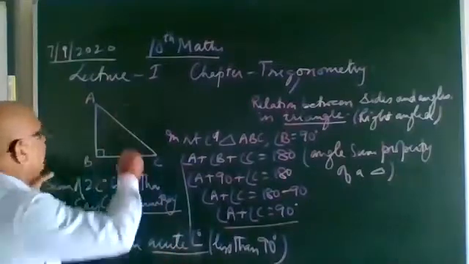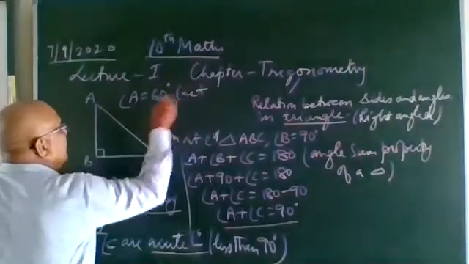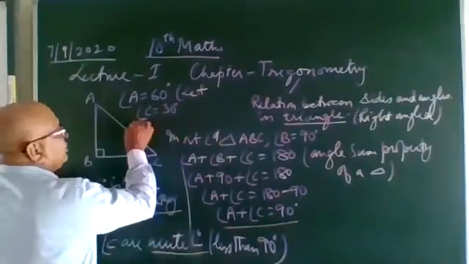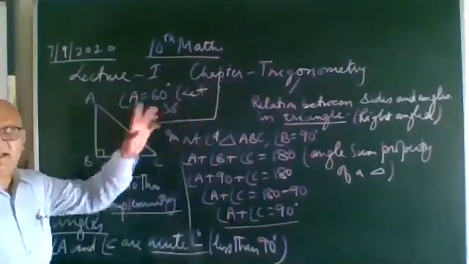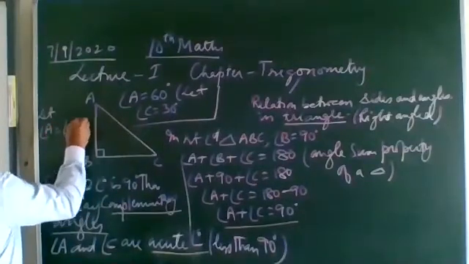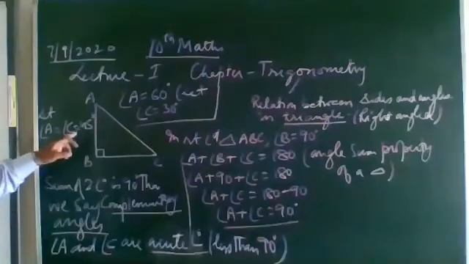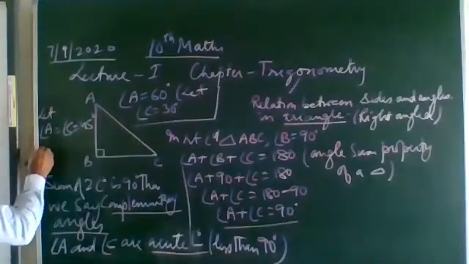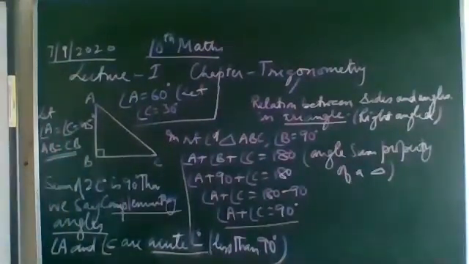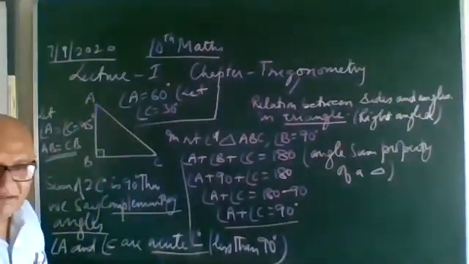Now angle A may be 60 degree, then angle C will be 30 degree. Or you can say angle A and angle C are 45 degree each. Then AB equals CB, so it is an isosceles right angle triangle.